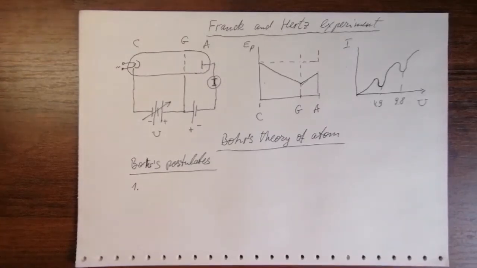And what was Bohr's first postulate? It stated that among the infinite multitude of electron orbits possible from the viewpoint of classical mechanics, only several discrete orbits satisfying some definite conditions are actually realized. And if an electron moves on such an orbit, it does not emit electromagnetic waves.